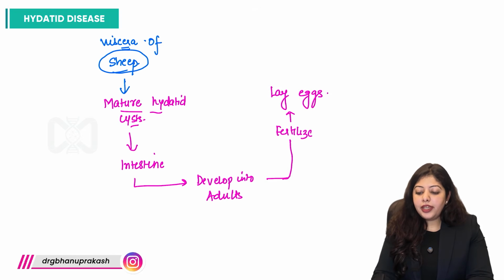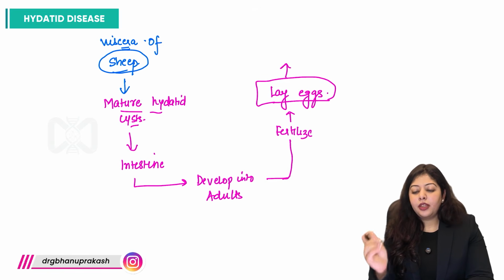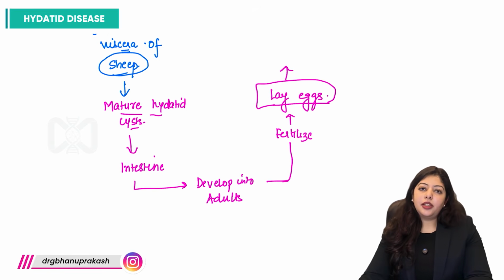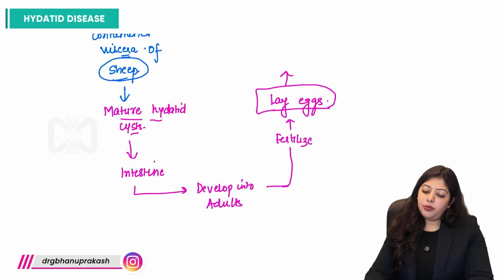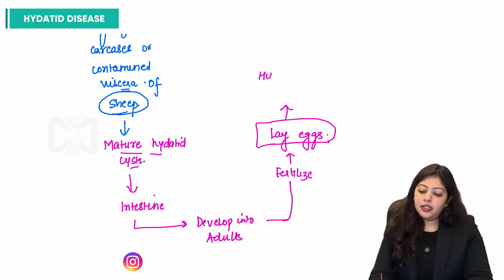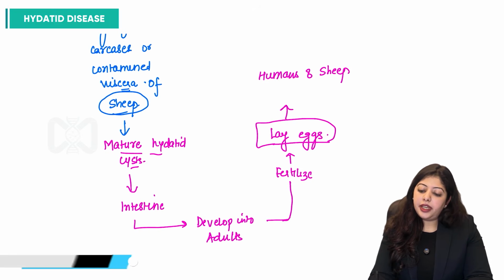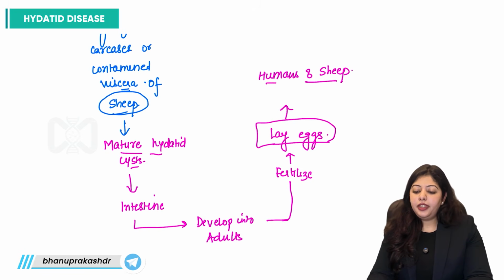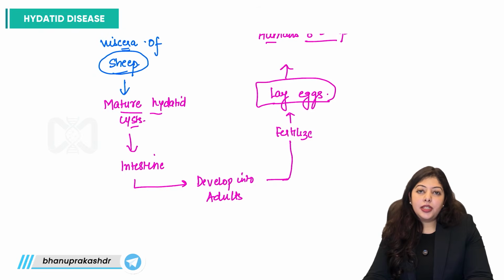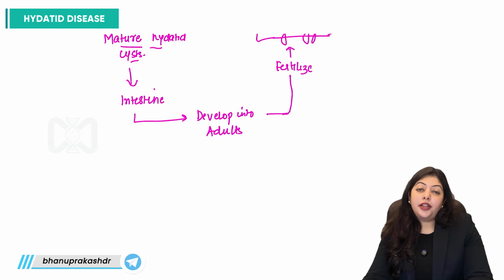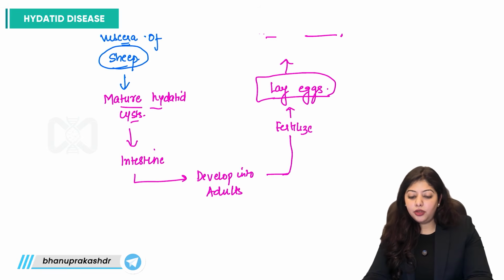The Echinococcus eggs would be eaten by humans, as well as sheep, and they are pathogenic to humans. And this is how the cycle goes on, right? This is the whole pathogenesis that occurs in humans, sheep and dogs.